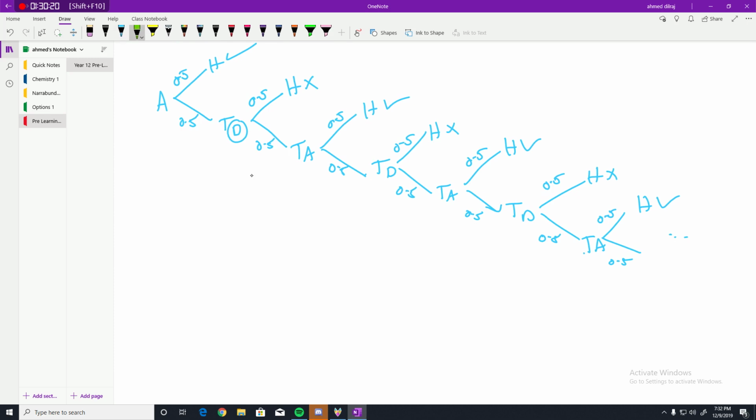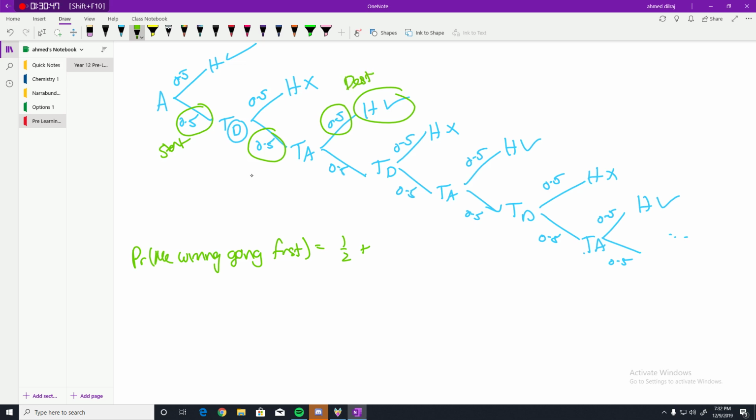So what happens is, let's consider me winning. So probability of me winning, going first, is equal to, so obviously if I get the first toss, I get a heads, it's a half. Then the next time I get a heads is if I went 0.5 times 0.5 times 0.5. Remember, we have our start and then we have our destination, so we have to do multiplication between them.